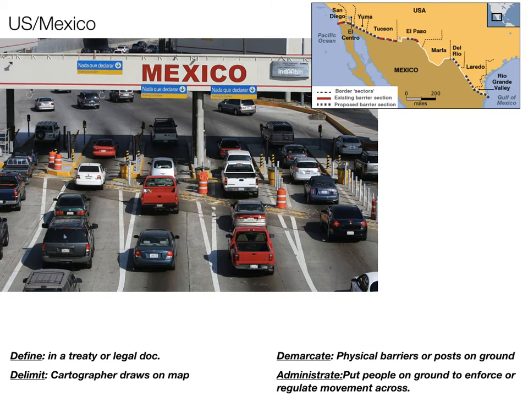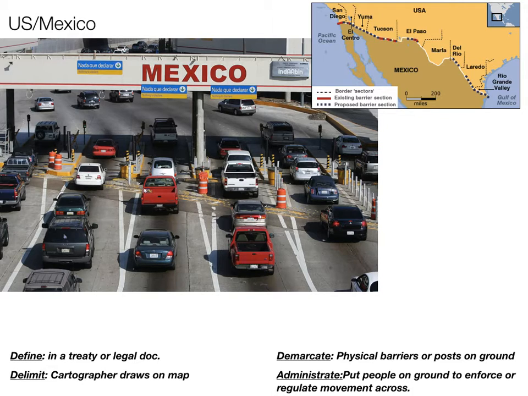Here's a picture of the U.S.-Mexico boundary, and again there's a pretty large demarcation of this boundary, much of which is a fence. If the promise of the most recent election comes to fruition, we will see a wall across the entire boundary, but currently we don't have that.